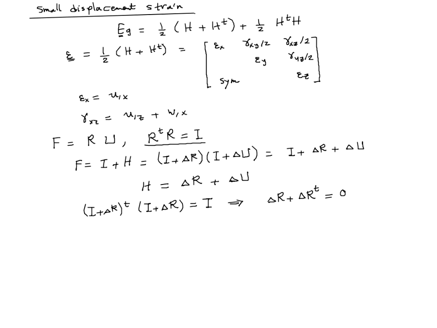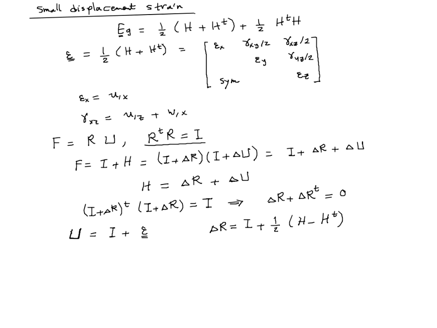So for small deformations, our stretch is just unity matrix plus the small strain tensor. And our rotation matrix is just unity matrix plus the antisymmetric part of our displacement gradient, which is 1/2 of H minus H transpose.